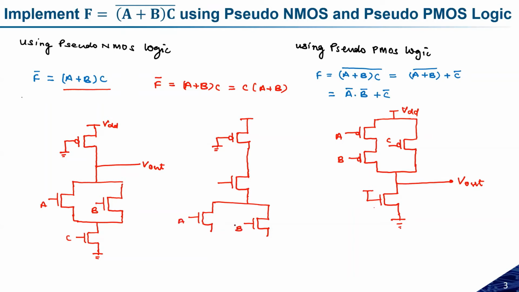A, B, C, and this is where I'm getting the output, and from here ground. I think there is no problem with figure 1 and figure 2. Both are the same. But what is the problem? Can anyone tell me what kind of challenges there are with both circuits?